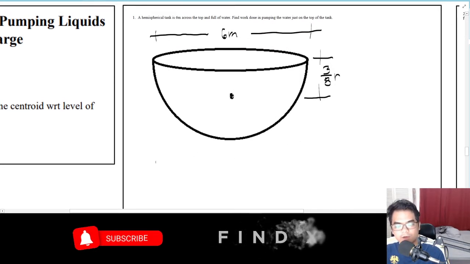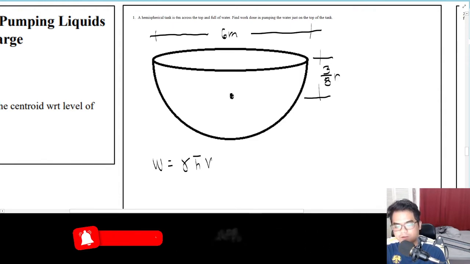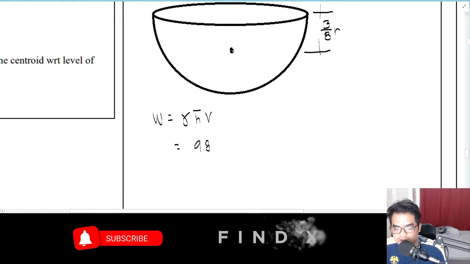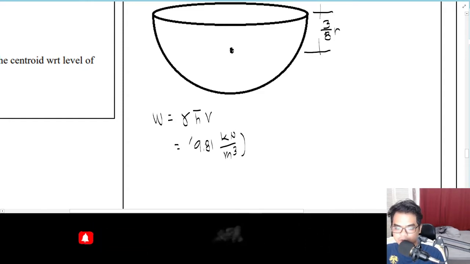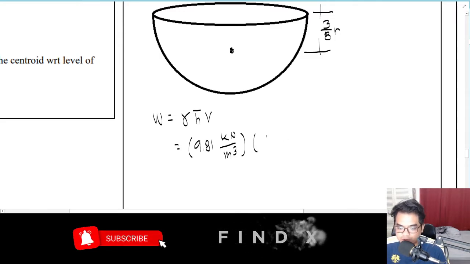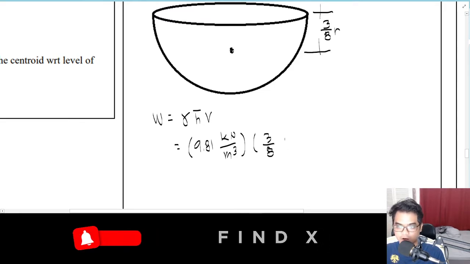The work done now is, again, gamma h bar V. Gamma is 9.81 kilonewton per cubic meter, times the h bar, which is 3/8 r.